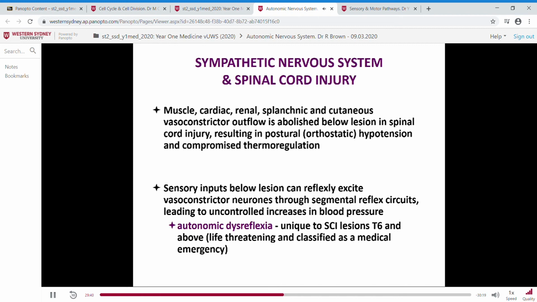Okay, and that can cause a reflex activation of the vasoconstrictor neurons, which drive up the blood pressure. The problem is that these guys have no way of dealing with that high blood pressure. And that is when it can get out of control, and you need to find the source of what's causing the high blood pressure and resolve that so that you can get rid of this, okay?